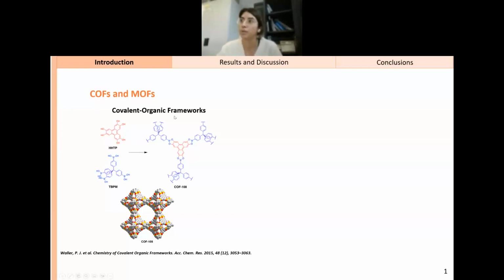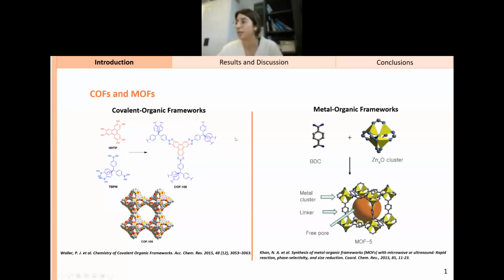Covalent organic frameworks are connected through covalent bonds, as you can see in this image, which is in contrast with metal organic frameworks, because metal organic frameworks are built between metal atoms and organic linkers through coordination bonds.